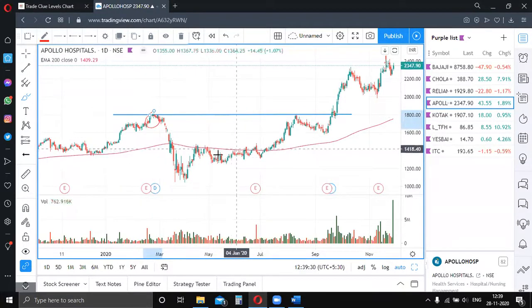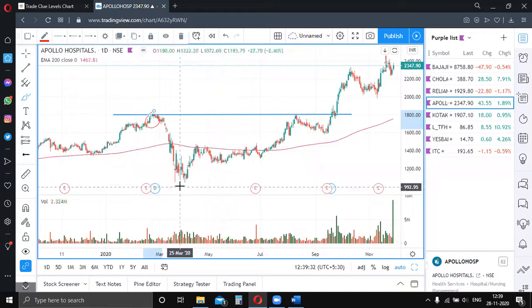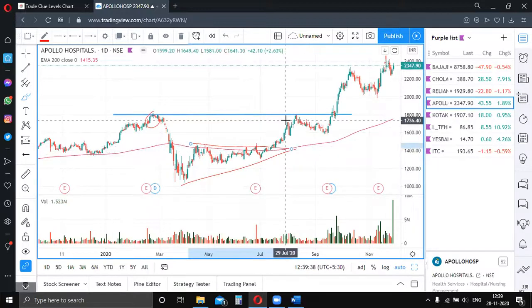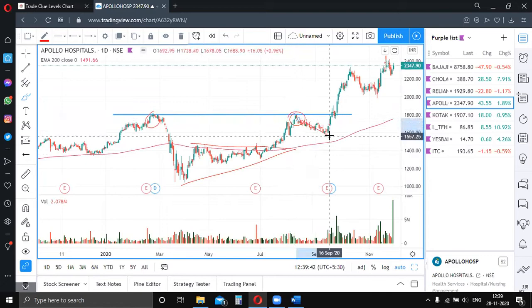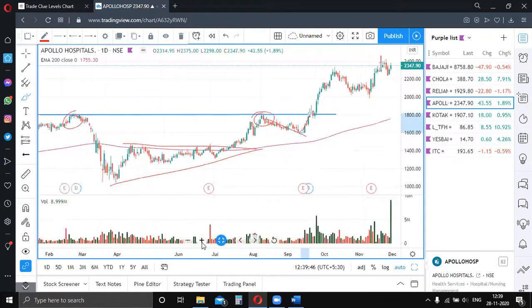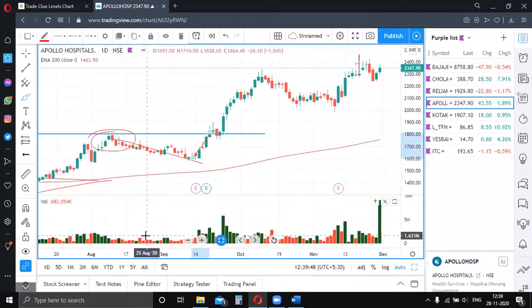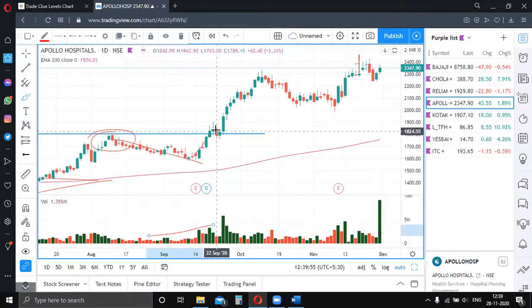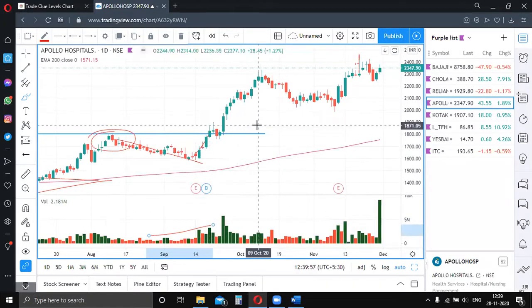It went down, made a bottom, and a very good triangle pattern broke. But as soon as it started appearing near the life high, again there was a good retracement. It tried to break out from that zone. Now see here, it is very important. Now I see a good considerable volume started engaging in that stock. So this is the candle which actually broke the zone.